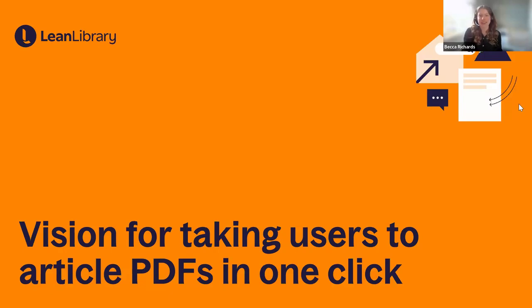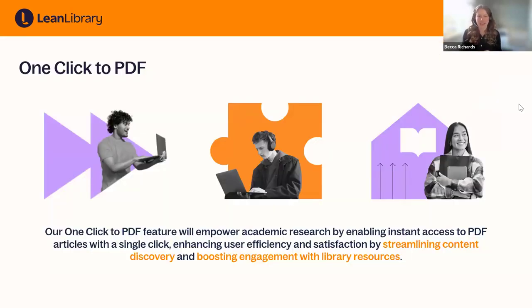So if we could go on to the next slide, I'll get into some of the details. So what do I mean when I talk about one-click to PDF? What is this new feature? One-click to PDF is a continuation, if you like, of our mission to build bridges to library and open access content to amplify the reach and the voice of your library.